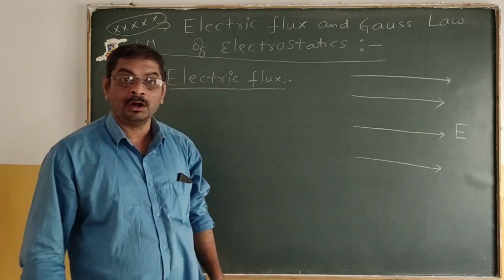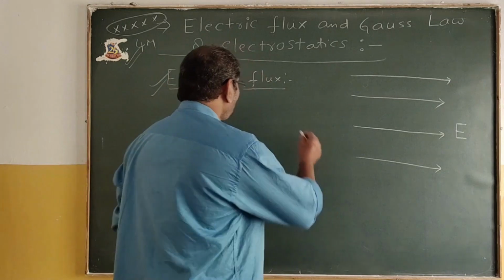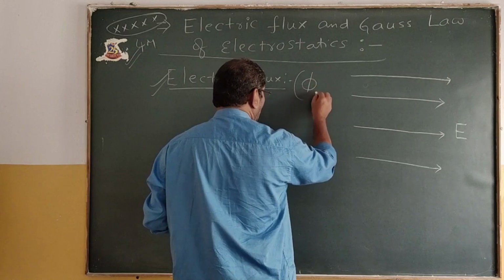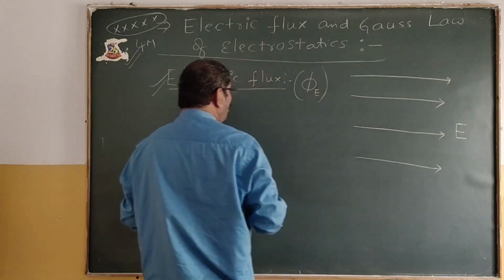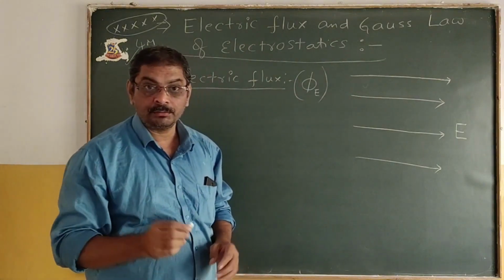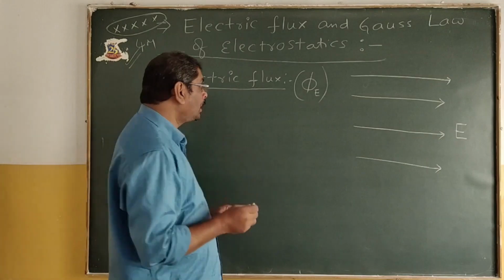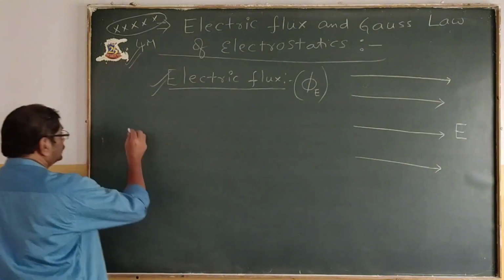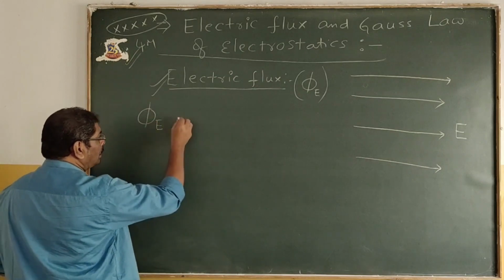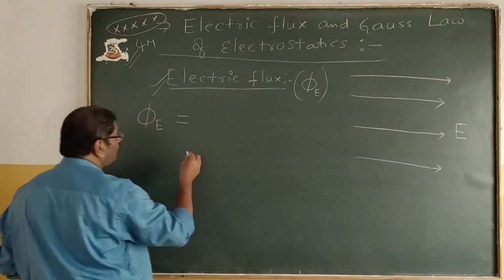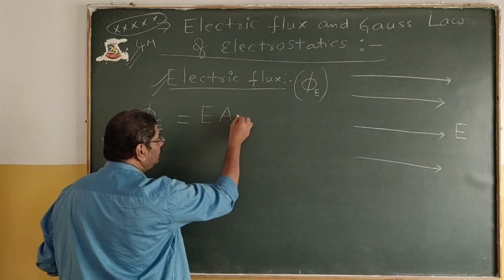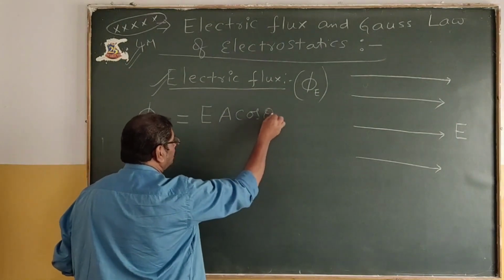It is denoted by the letter phi E. Now remember one important thing: the electric flux is given by the formula phi E is numerically equal to EA cos theta.